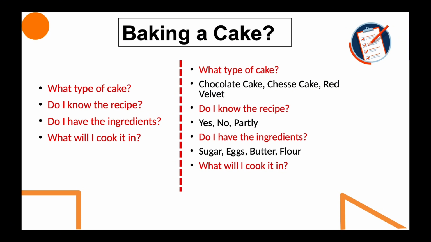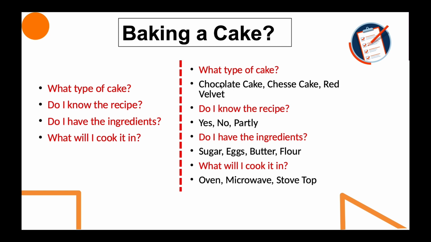Now, what will I cook in it? So the cake, after mixing everything, putting everything together, what will I cook it in? I may choose to cook in the oven or in the microwave or on the stove top, so that I can get my cake ready to eat.